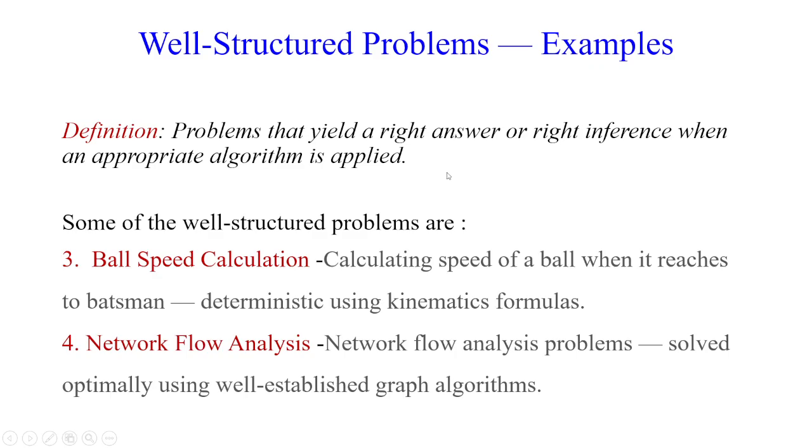So what are the examples we discussed? Quadratic equation solving, trajectory calculation, ball speed calculation, and network flow analysis. All four of these examples share one key property: if you have the right input and the right algorithm, then a correct answer is obtained.